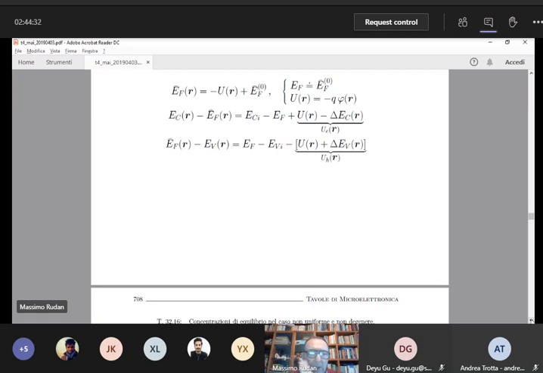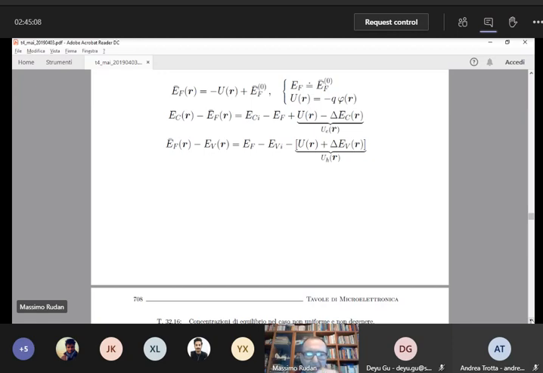Minus a function that we call U, where U is the electrostatic potential energy of the electrons. So U is an energy, okay? By the way, you remember that the electrostatic potential energy of the electrons is related to the electrostatic potential, phi, okay?